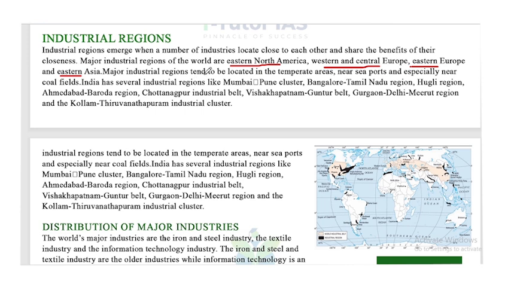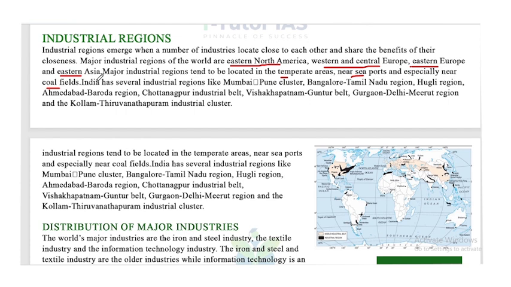Major industrial regions tend to be located in the temperate areas, near seaports and especially near coal fields. Okay, so this is the main location of major industries.